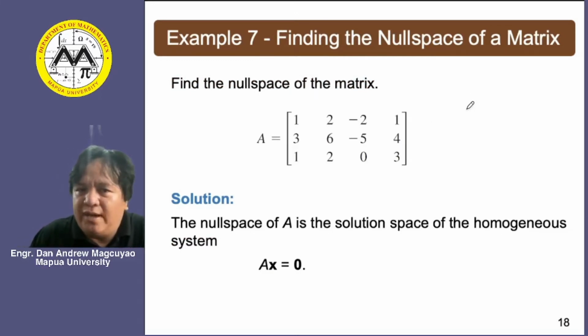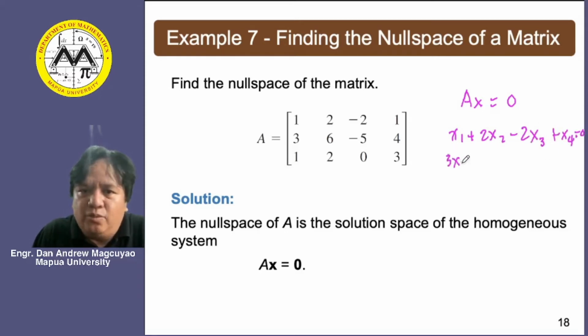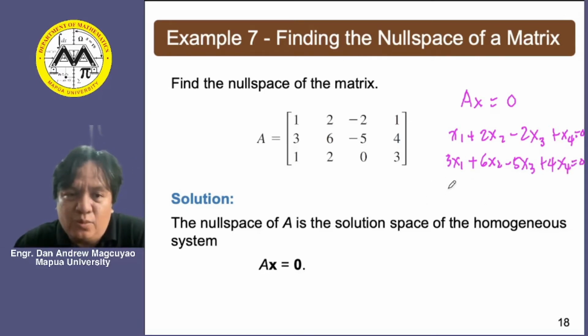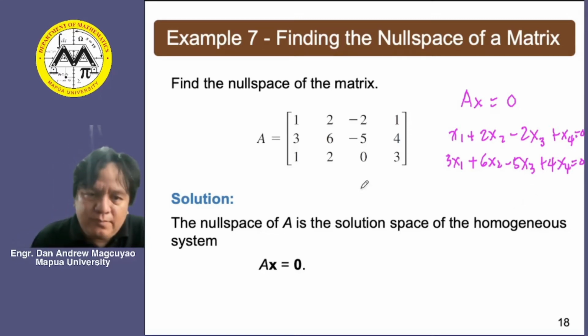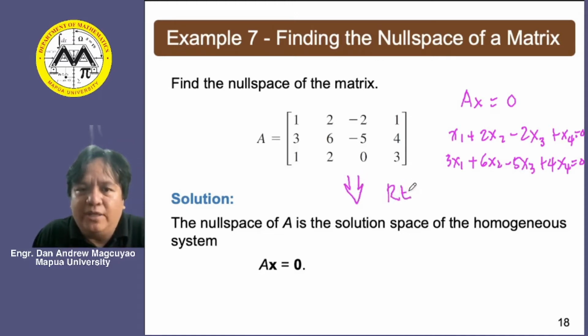That means you have AX equal to 0. Basically, you have x1 plus 2x2 minus 2x3 plus x4 equals 0; 3x1 plus 6x2 minus 5x3 plus 4x4 equals 0; and for the last one, x1 plus 2x2 plus 3x4 equals 0. What we're going to do is convert this into its row echelon form.